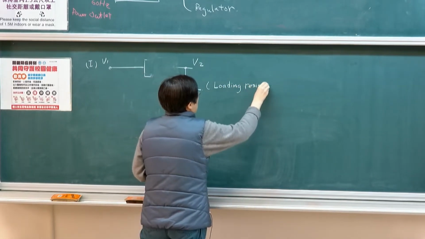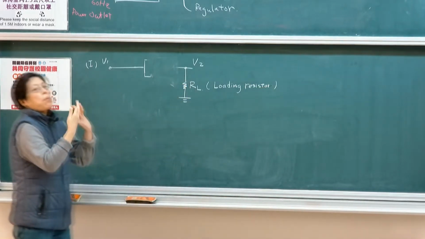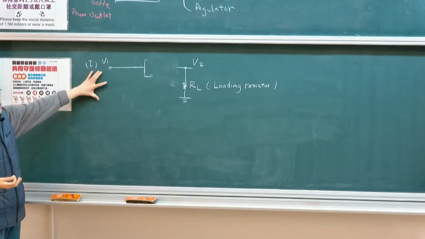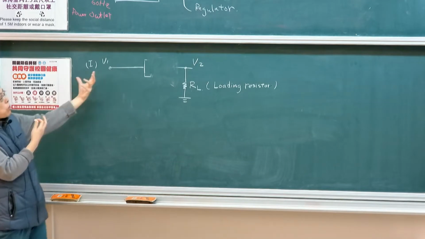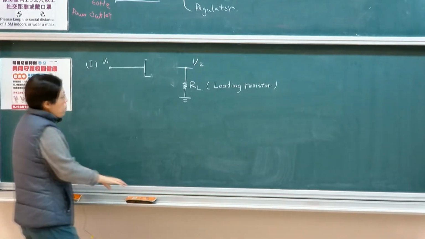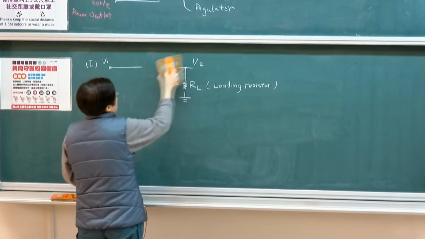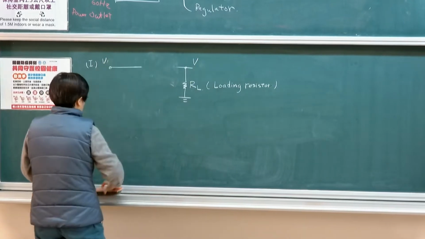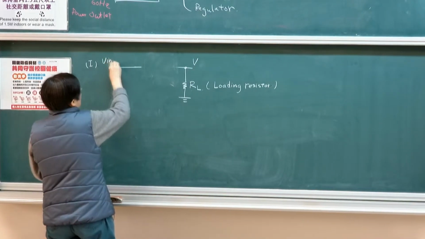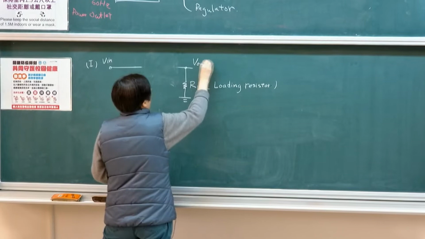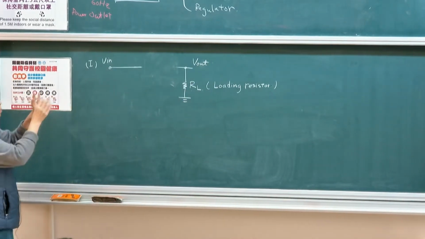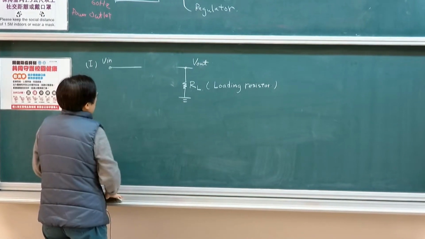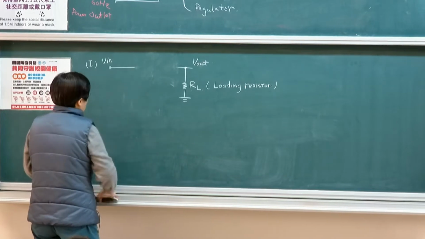So if you think about your system with a loading which you need to provide, and a signal source coming in, between input and output, what is in between if you're bridging this with a diode?